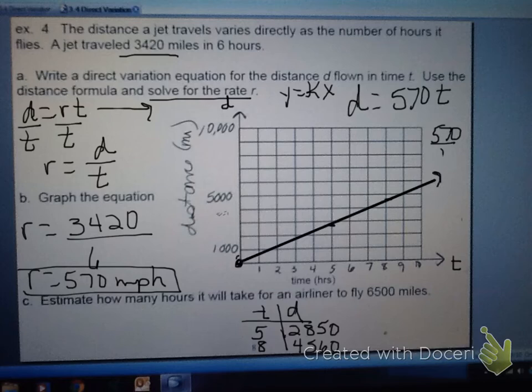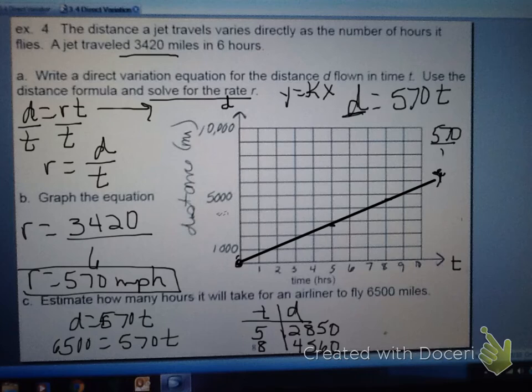Okay, example C says, estimate how many hours it will take for an airliner to fly 6,500 miles. Well, here's 6,500, about right there, so it's going to be on the line. It's going to be past 10. I'm not quite sure. What we could do is plug in 6,500 for d and divide.